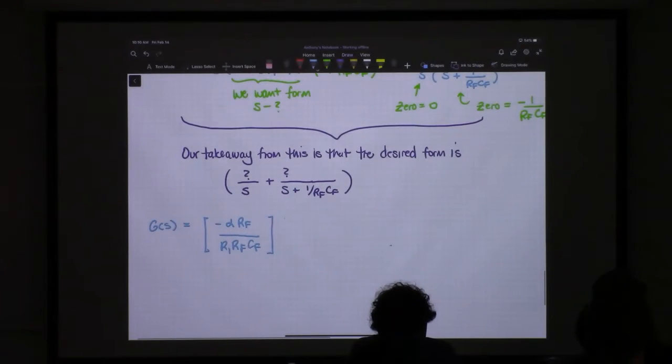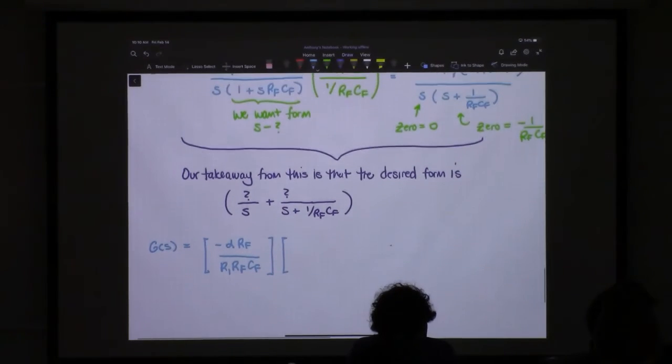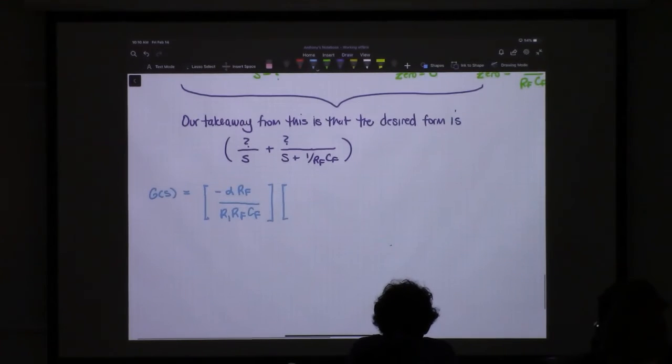And then our second piece now will be equal to, and I just need to give it an unknown name. So what's the symbol I haven't used yet? I'll call it uppercase A over S plus uppercase B over S plus 1 over RFCF. Okay.